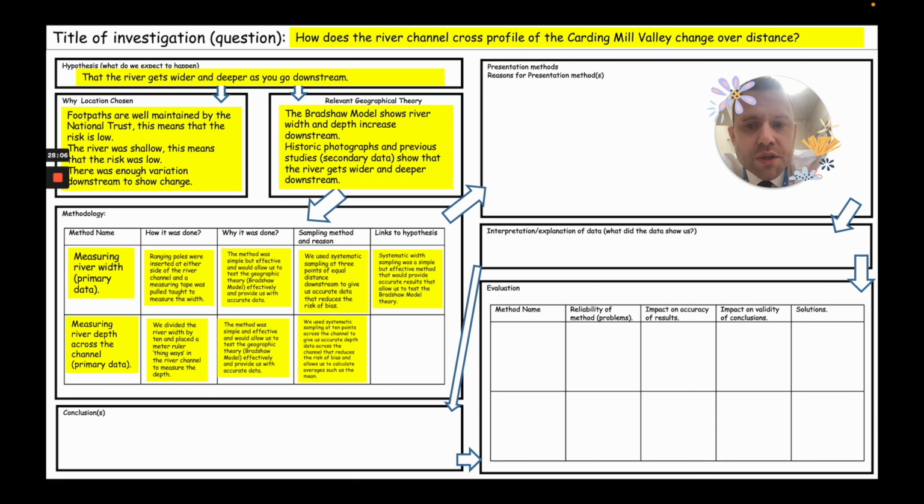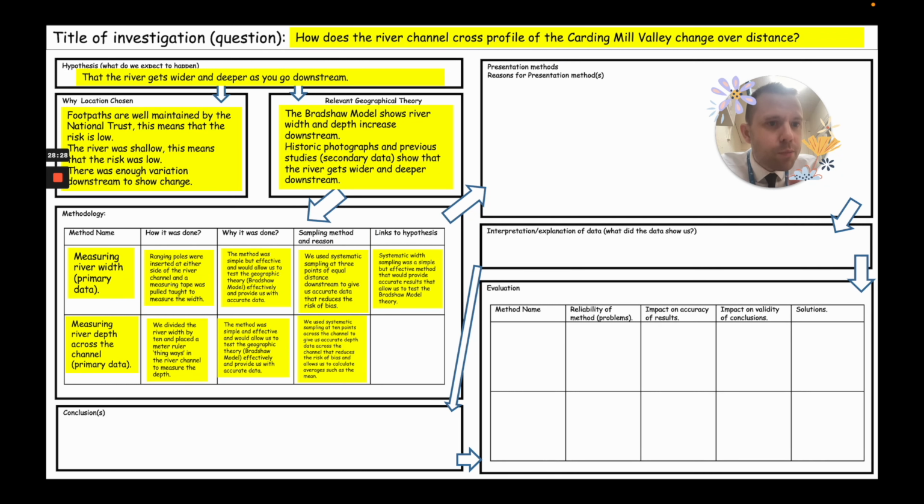Sampling. We used systematic sampling at 10 points across the channel to give us accurate depth data across the channel. All right? This reduces the risk of bias, but also, because we got 10 pieces of data, it allows us to use an average or a central tendency measure called the mean.